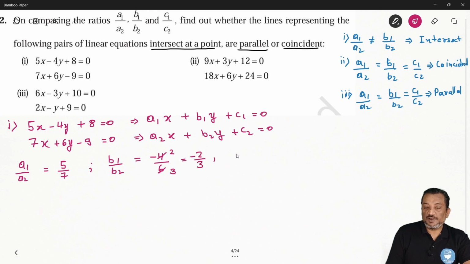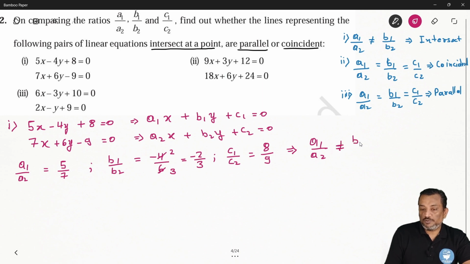Now, same way C1 over C2, you will get 8 over 9. Okay. Now, based on that, you can say here A1 over A2 is not equal to B1 over B2. तो आप देखो यहाँ पे किससे मैच हो रहा है?